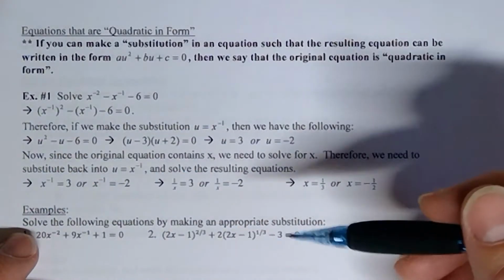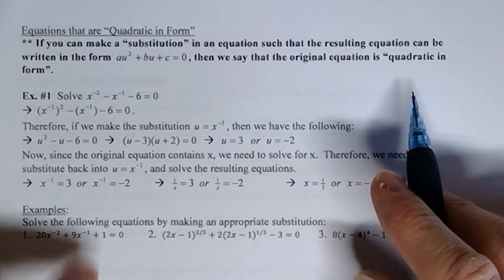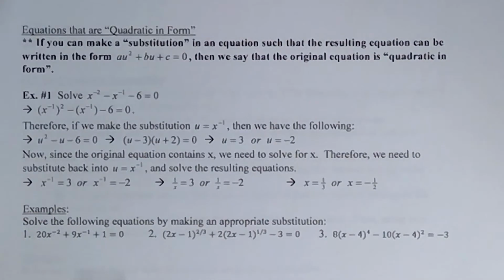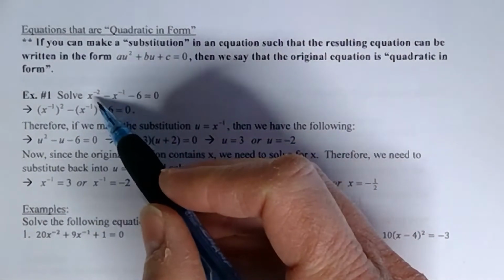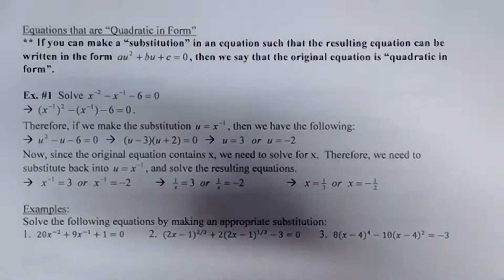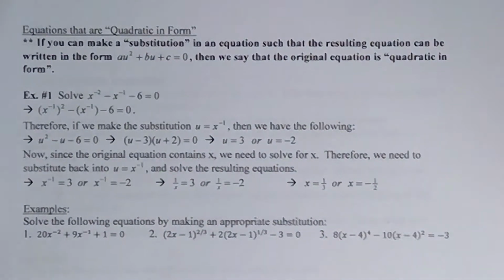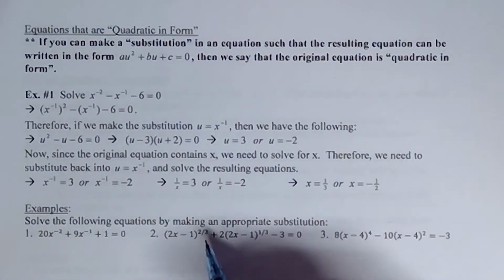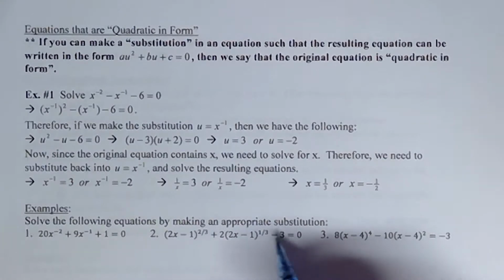But in order to be a polynomial on each side in the first place, I need to remind you that a polynomial cannot have negative exponents. It's got to have whole number exponents like 0, 1, 2, 3, 4. You can't have negative exponents. You also can't have fraction exponents like this one here, 2/3 and 1/3.